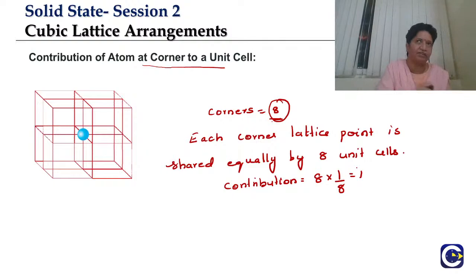With the picturization, we can see that. See, this is one that is present at the corner. You take a simple cube over here, you will understand it's a corner. But this is equally shared in a three-dimensional crystal arrangement, shared by 8 other unit cells.